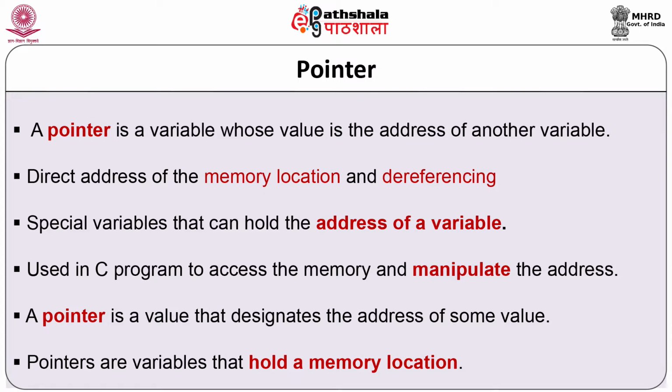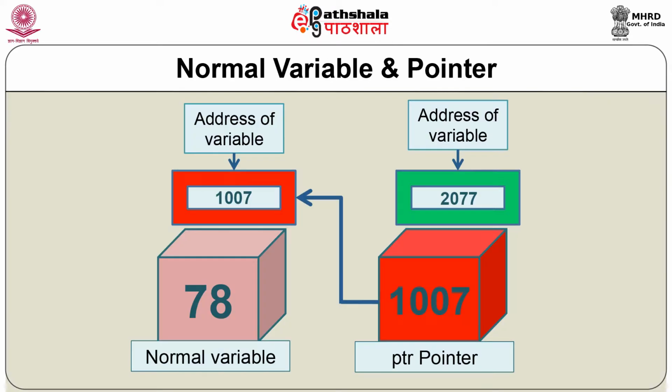A pointer is a value that designates the address, that is the location in memory, of some value. In other words, you can reread this as: a pointer is a value that designates the address of some value. In this slide, you can see a picture for knowing the difference between a normal variable and a pointer variable.